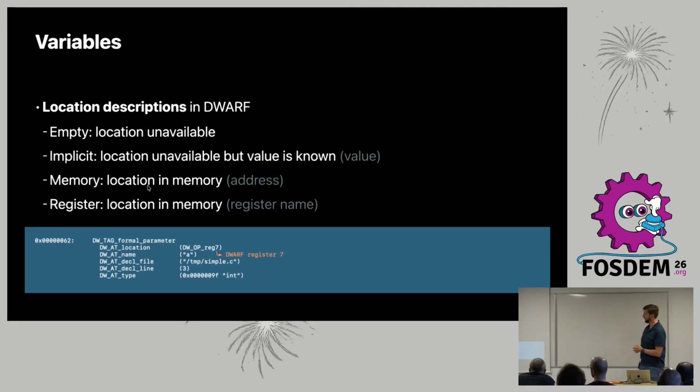They can be empty, in case the value is unavailable because the variable has been optimized out. They can be implicit, when the value is known but there's no runtime representation, something like a constant. If a variable lives in memory, you have a memory location and we get an address. And if it lives in a register, we have a register location and we get a register name. Empty and implicit locations work exactly the same way in WebAssembly as they do for native code, but memory and registers behave slightly differently.